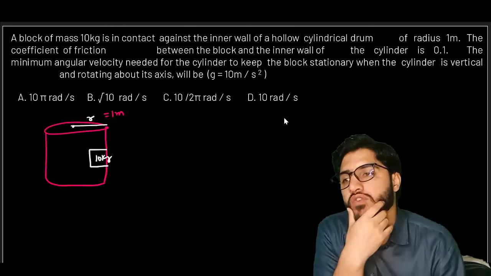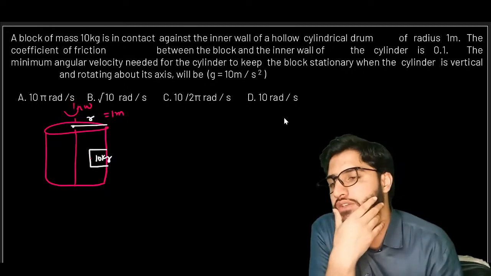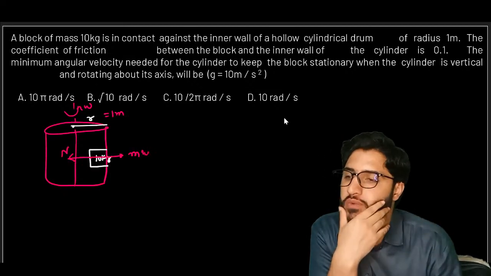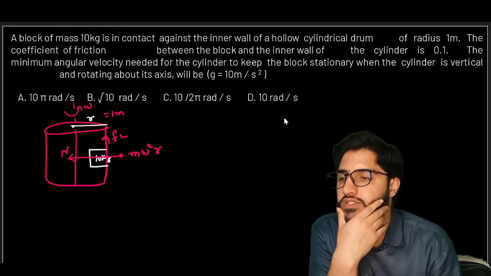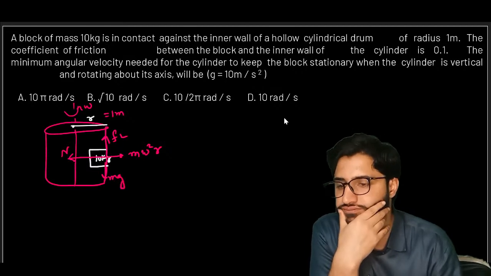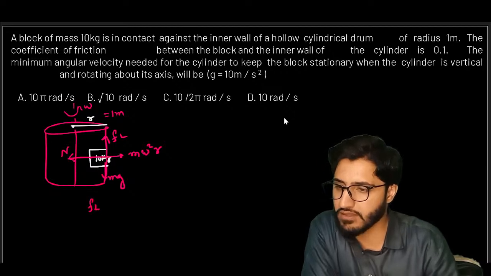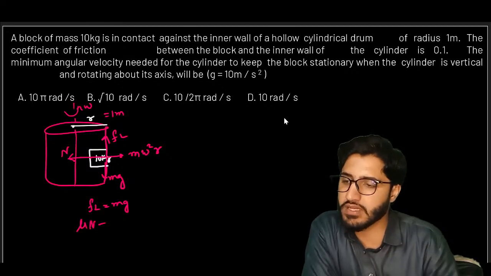The minimum angular velocity needed, so I can write omega. So we know that, this is my surface. So it will be my N, and this will be m omega square r. And this would be my frictional force. This will be my mg. So what can I write now? Can I write now that friction should be equal to mg? What is friction? It is mu times N equals mg. What is N? It is m omega square r equals mg.